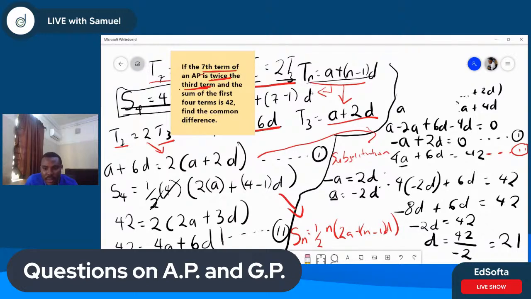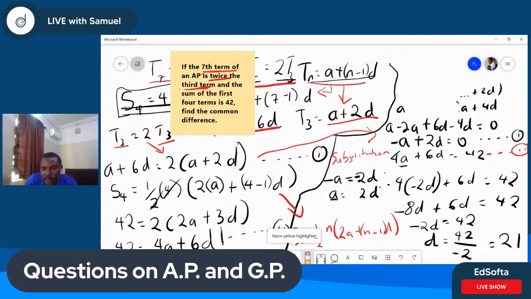So that's how I was able to, I said from this equation, if minus a plus 2d is equals to 0, if I bring 2d to this side, we have, wow, you can even see, this is supposed to be minus 2d, because if you bring plus 2d to this side, it becomes minus 2d, and this becomes 2d.